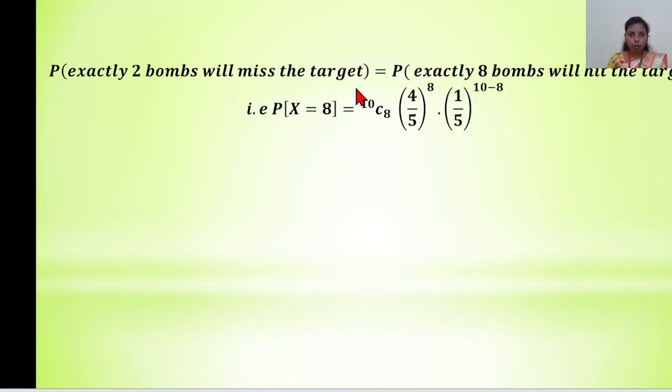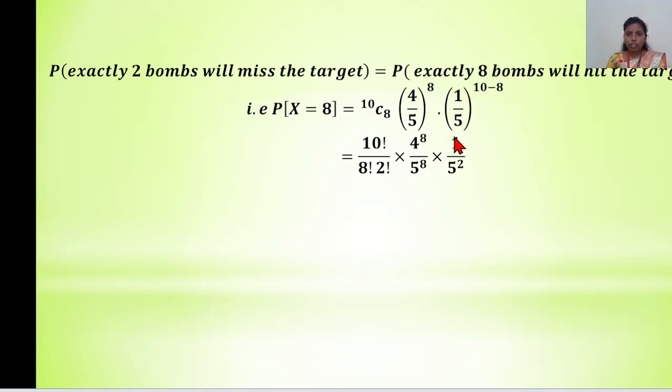By using the formula of combination, we find the value of 10C8. The formula of combination is n factorial upon r factorial into n minus r factorial, that is equal to 10 factorial divided by 8 factorial into 2 factorial. Here the power of 4 by 5 is 8, so we get 4 raised to 8 divided by 5 raised to 8, into 1 by 5 raised to 10 minus 8, and 10 minus 8 is 2.